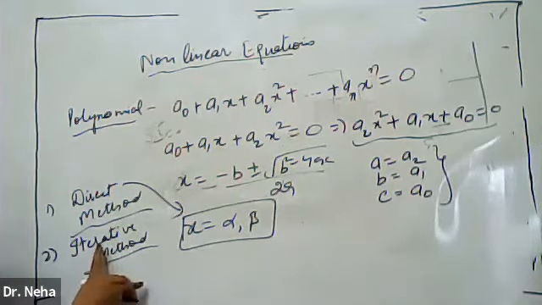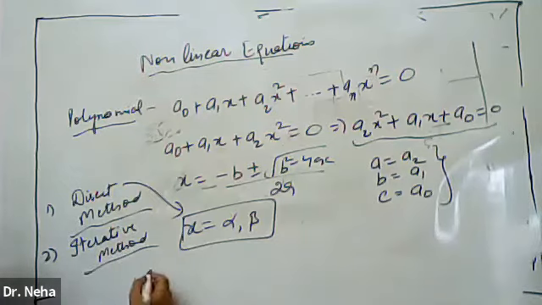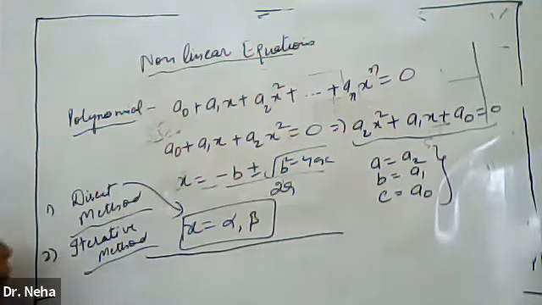Clear? Now the second method to solve the equation is the iterative method. In the iterative method there is some formula, some process. We need to apply that process again and again until the required accuracy is achieved. What does it mean?